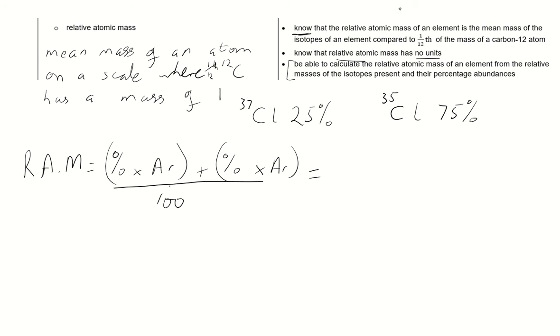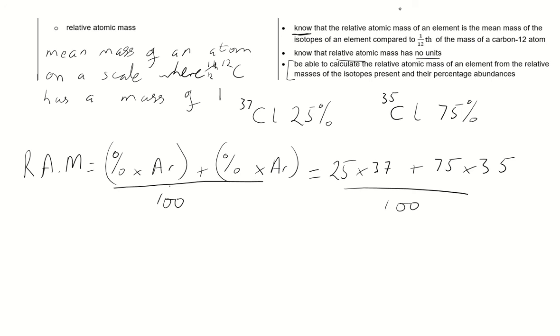So 25 times 37 plus 75 times 35 and divide by 100. This may look familiar to you if you remember a little bit of GCSE maths. Essentially, it's just an average calculation.